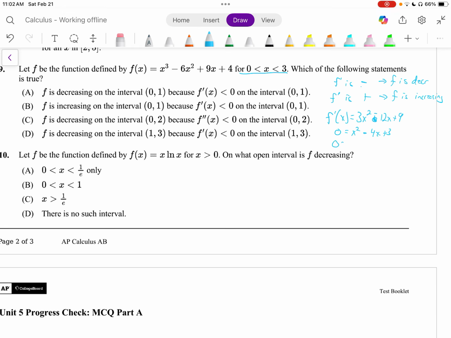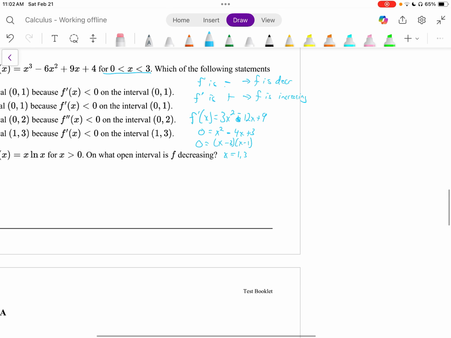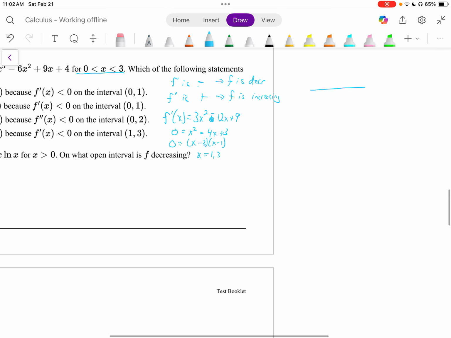And then we can factor, and we see that the derivative will equal 0 at 1 and 3. And so we'll make a little sign table over here. We have 1, we have 3. We know the derivative is 0 at those spots, so let's pick the intervals.